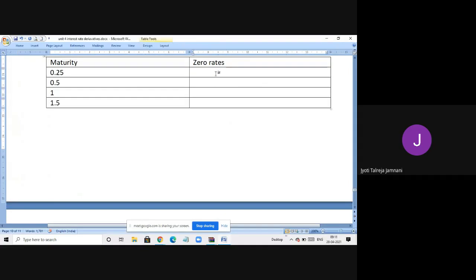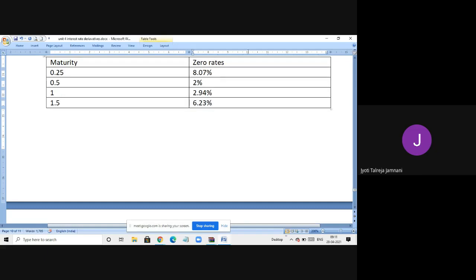So I'll write all those rates here: 8.07 for bond A, 2% for bond B, 2.94 for bond C, and 6.23 for bond D.